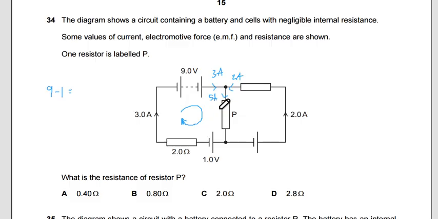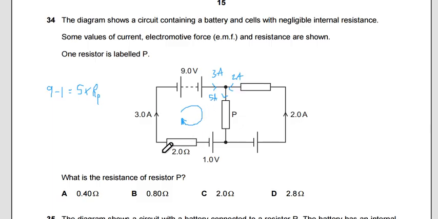We will take it as positive, so the current 5 ampere in resistor B will be taken positively, because it follows the direction of the loop.